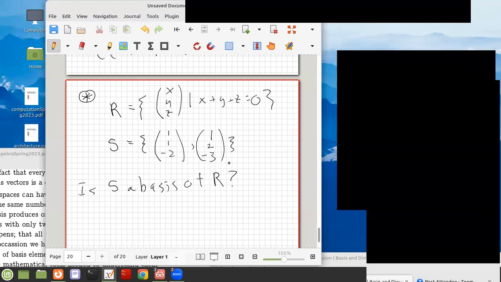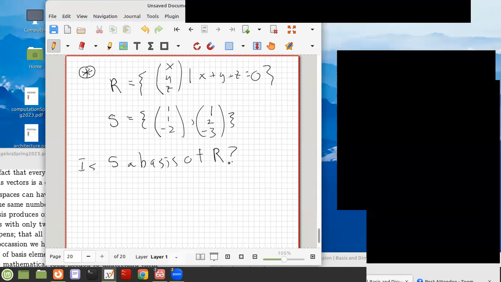And then one way to maybe solve this problem, there's several different ways. But let's say if S is a basis of R, I should take any vector in R and write it as a linear combination of things in S, right?